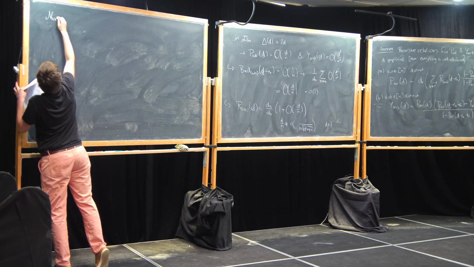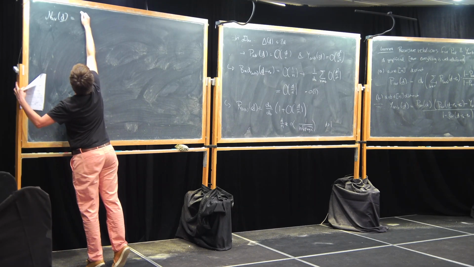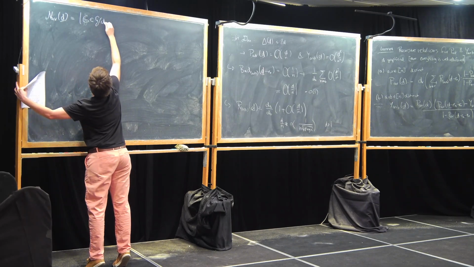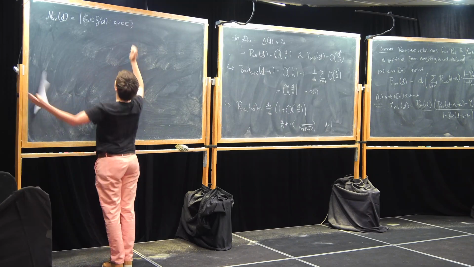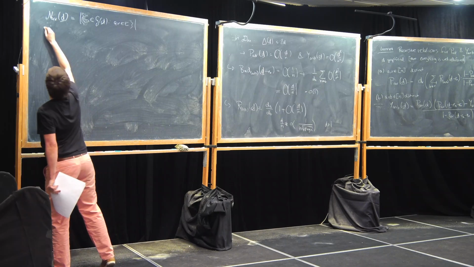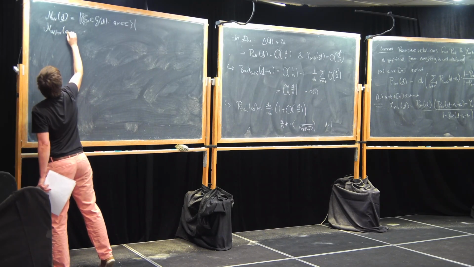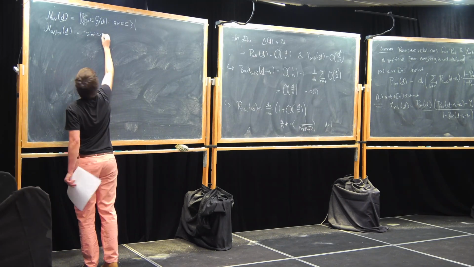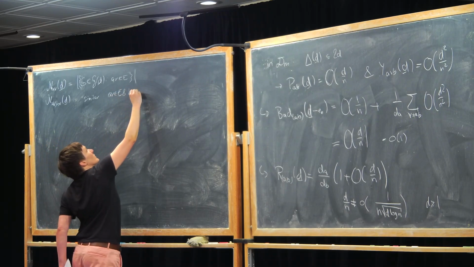So let's write NAV of D as the size of all G in G of D where AV is an edge, and similarly NAVBV of D is similar. Right, I just have AV as an edge and BV as an edge.